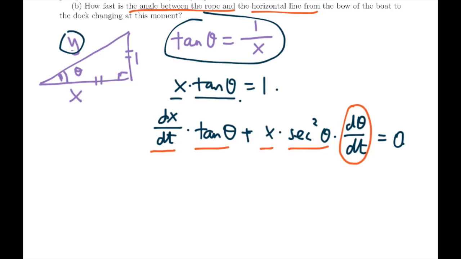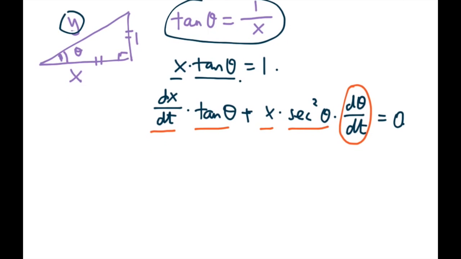Again, we're considering when x equals 8, so we know x equals 8. And by part A, we know dx over dt is equal to root 65 over 4.